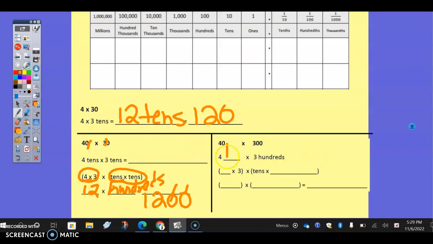Well, that's 4 tens times 3 hundreds. 4 times 3, and tens times hundreds. Wow. Okay. Well, 4 times 3 is 12. Now, tens times hundreds, that's going to be 10 times 100, or 3 zeros, which is going to be 1,000s.